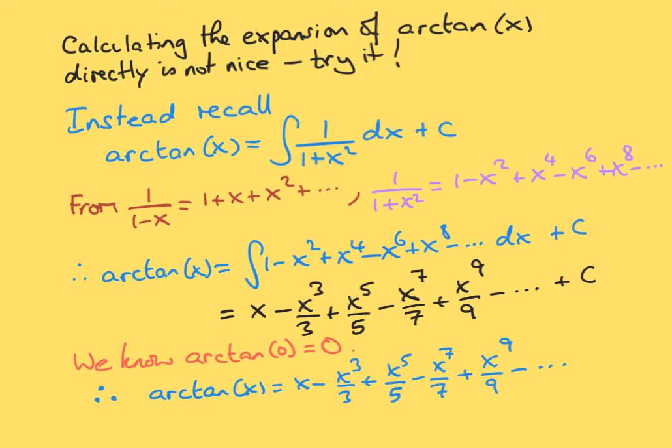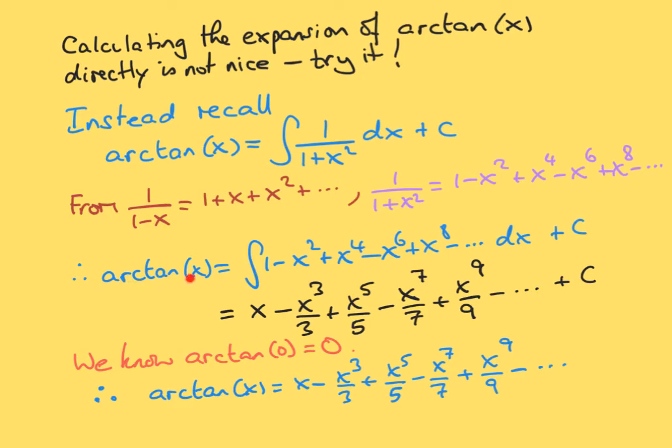So we have 1 over 1 plus x squared is 1 over 1 minus x squared. And now we can just take this formula, and everywhere there is an x, we replace it by minus x squared. So 1 is 1, plus x is minus x squared becomes x to the 4th, and then it's minus x to the 6th, plus x to the 8th, minus x to the 10th, etc.